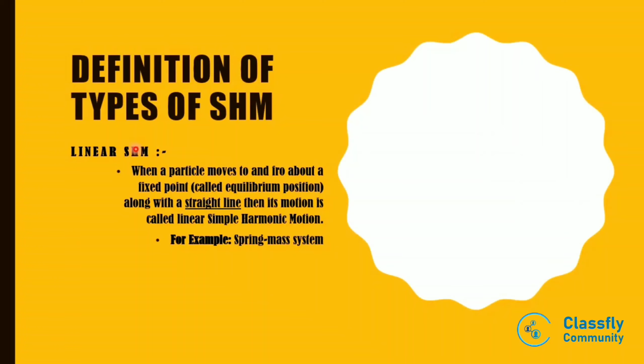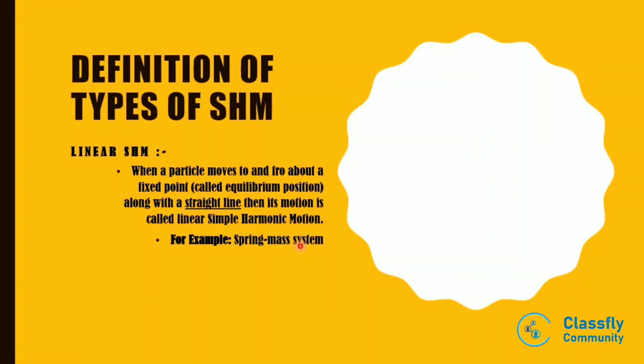So the main concept for linear SHM is that you need to be in a straight line. When a particle moves to and fro about a fixed point, known as the equilibrium position or mean position, along a straight line, that's why I have underlined this term, then its motion is called linear simple harmonic motion. An example of this type of SHM is the spring mass system.